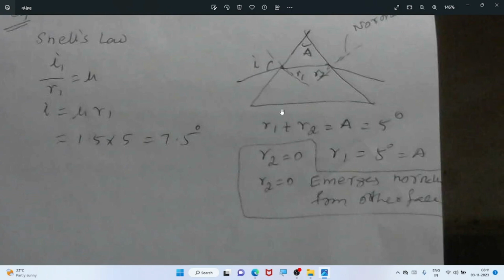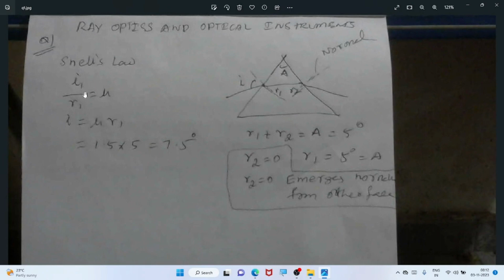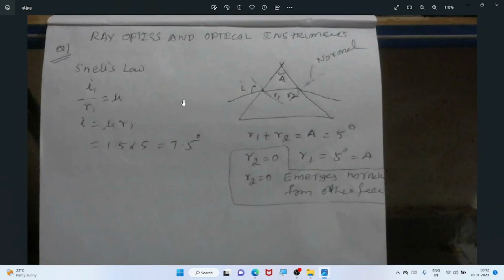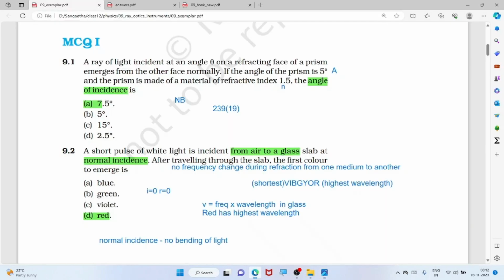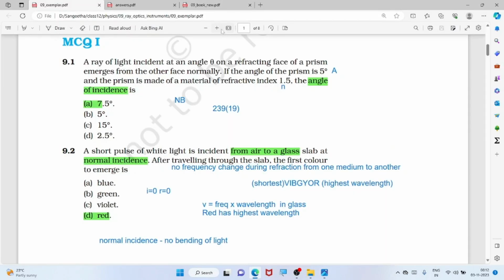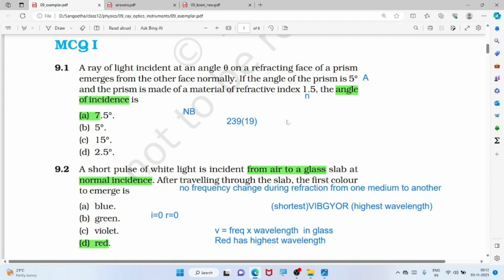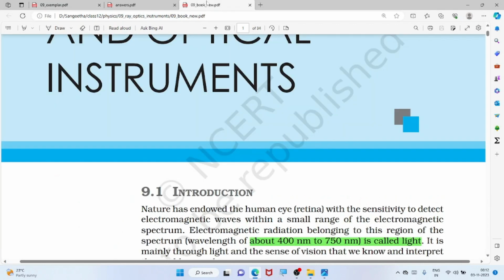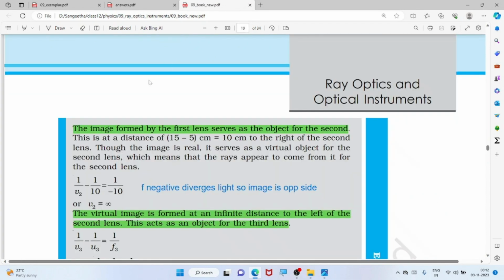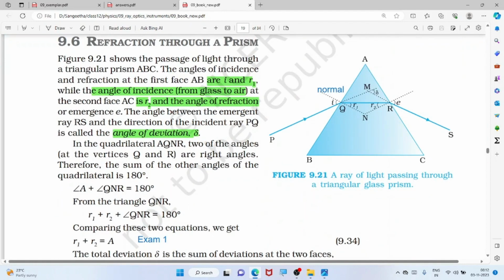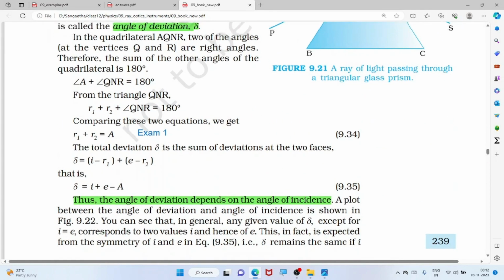From the book, R1 plus R2 equals A, which is 5 degrees. R2 is 0, so R1 equals 5. So i by r, the incident angle by the refraction angle, equals mu. The angle of incidence equals mu times this, which is 7.5 degrees.